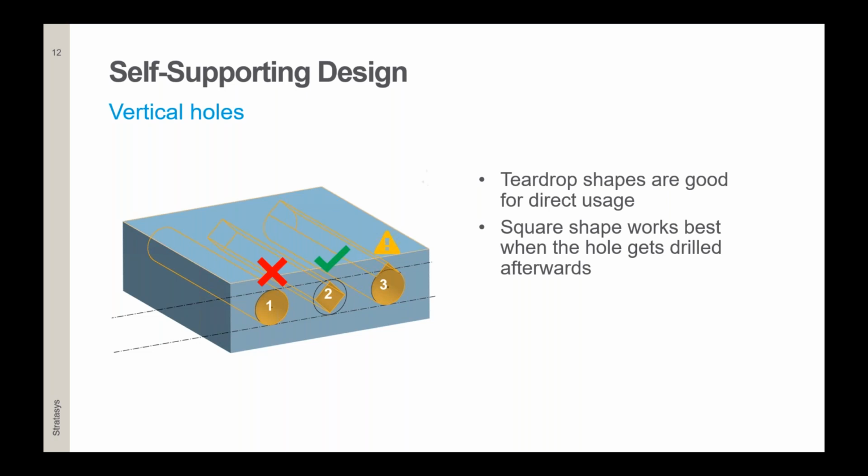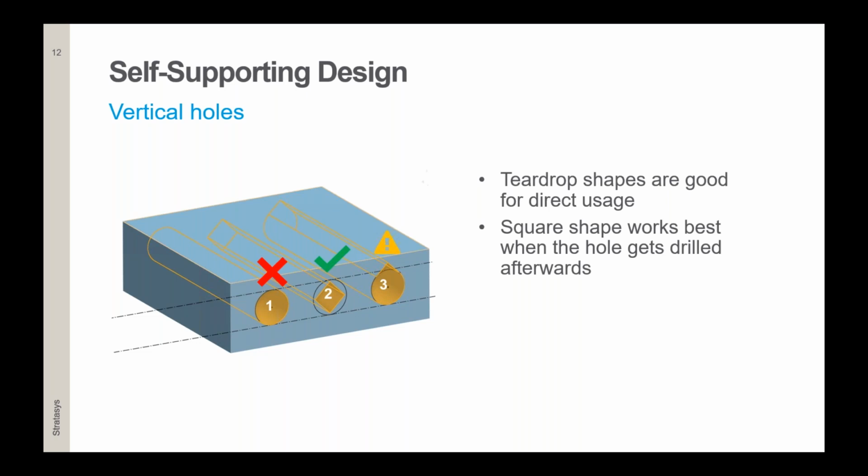The designer can also influence the printing of holes by designing them and thinking about self-supporting angle. So here on the picture you see two variations of a simple hole. He can use a teardrop shape, which is this one, which lets you use the hole after print as intended, as normally.